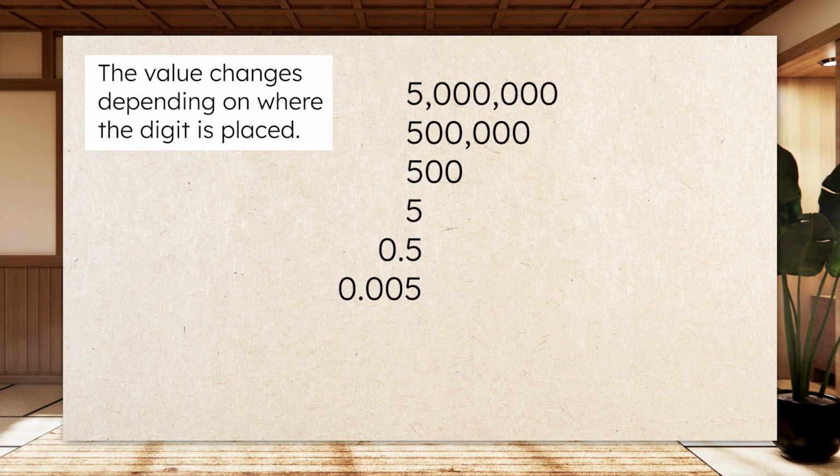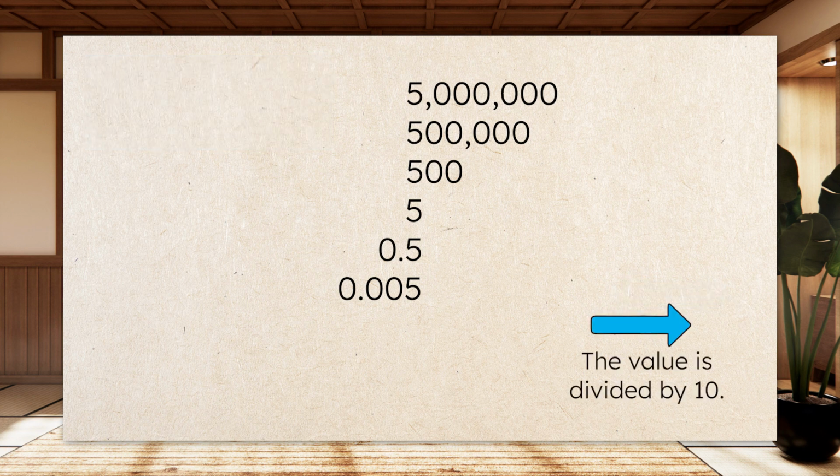Even though the digit 5 is in every number, its value changes depending on where it is. In 5,000,000, the 5 has a value of 5,000,000. But in 500, its value is only 500. And in 5,000, it's just 5,000. As the digit shifts one place to the right in the numbers, its value is divided by 10.